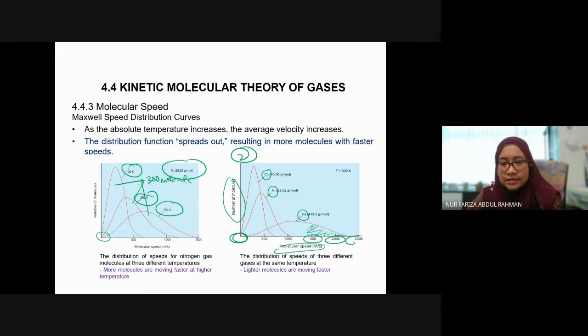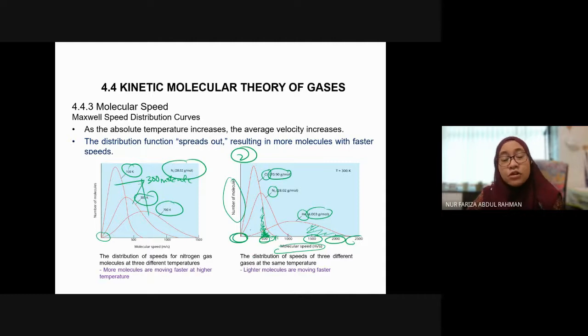Banyak yang tinggi-tinggi. Kenapa? The reason being is because of helium is lighter, paling ringan. So kalau lagi ringan, by right, the velocity will be higher lah. Okay, compared to chlorine. Chlorine berat, 70.9. Nampak tak dia punya coverage of velocity dia tu? Coverage of the velocity is around this area saja, around this one, 500 ke 600, 700 ke macam tu.